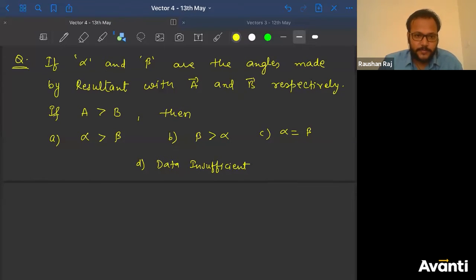Chalo, Shamant Patel has got answer B. Sashil Kumar is also saying option B. So 59% of you in the poll are also going for option B, 21% A, 16% D, and 3% C. Adarsh is saying option D. Vineet is giving some reason also: beta is greater than alpha if vectors aren't opposite, or else the answer will be data insufficient.